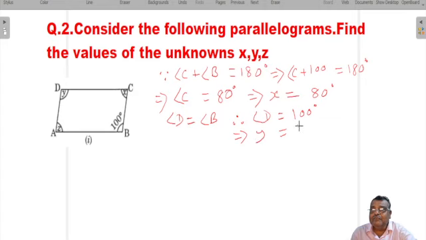So y is equal to 100 degrees. Angle A is equal to angle C. This means angle A is z, and angle C is x, and x is equal to 80 degrees. So z is equal to 80 degrees.